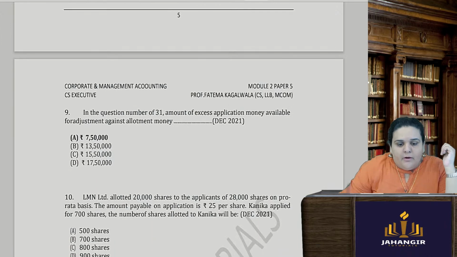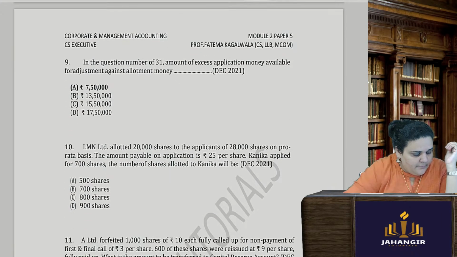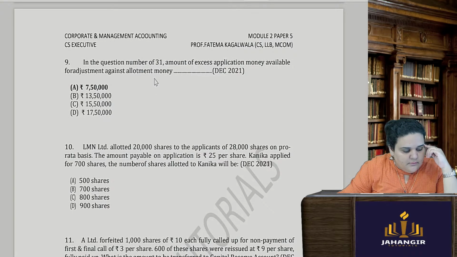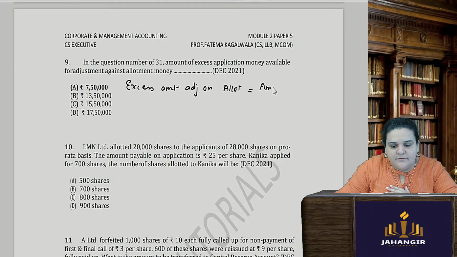In this question, amount of excess application money available for the adjustment against the allotment money will be how much? Excess amount adjusted on allotment is equal to amount received on pro rata applications minus amount of share capital allotted.